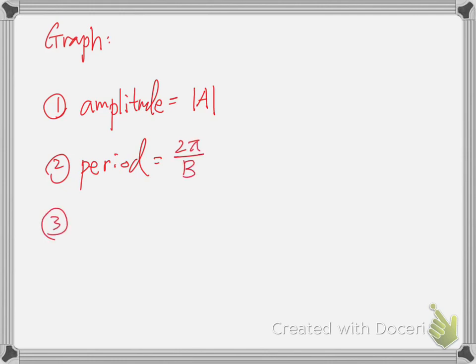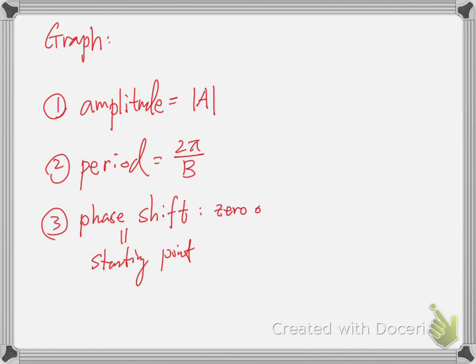And the last one is called the phase shift, or you can also call this the starting point of the pattern. This is where the input of the trig function is 0.